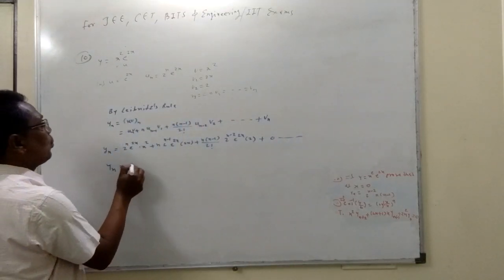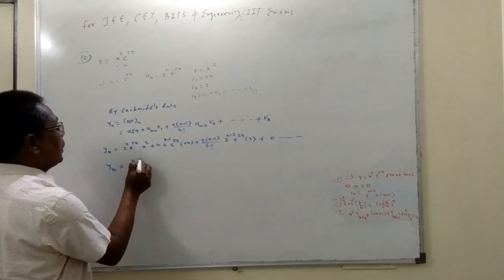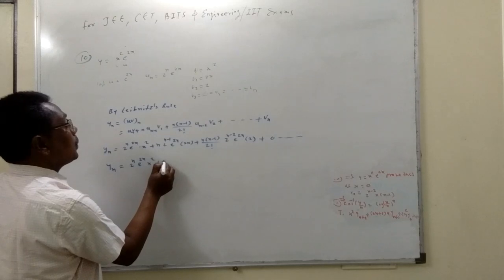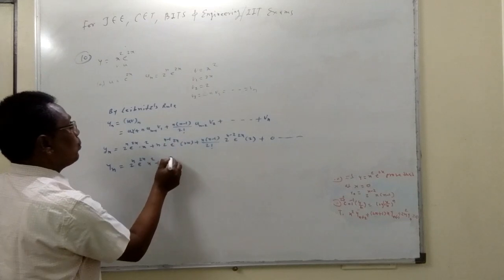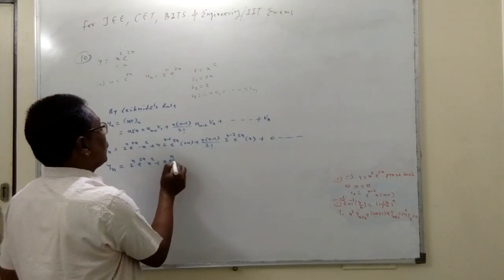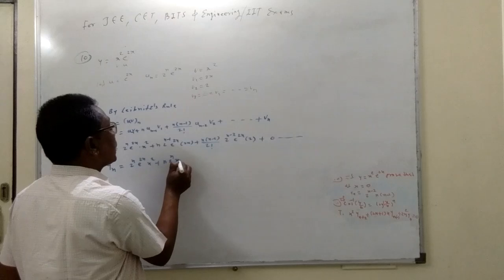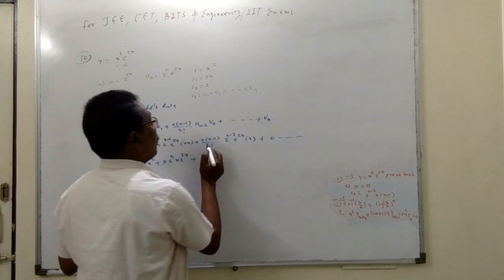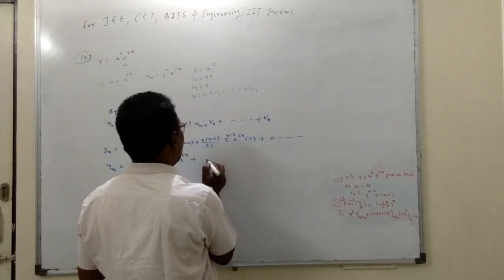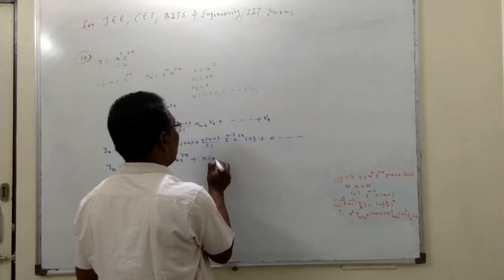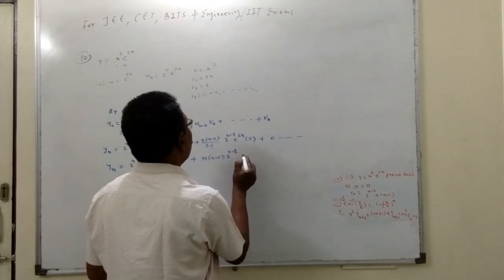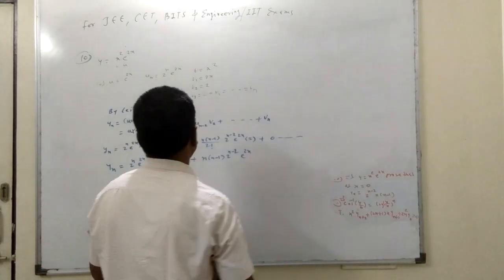So y_n is equal to 2 raised to n e raised to 2x into x square plus n, 2 raised to n minus 1 into 2 means 2 raised to n, x e raised to 2x, plus 2 factorial, this gets cancelled, so n into n minus 1, 2 raised to n minus 2 and e raised to 2x.